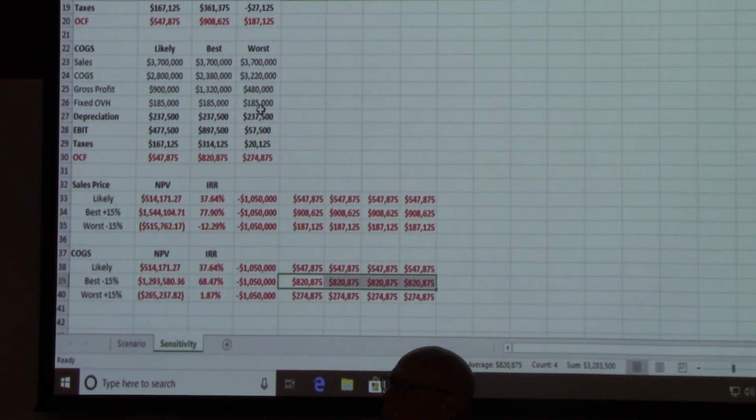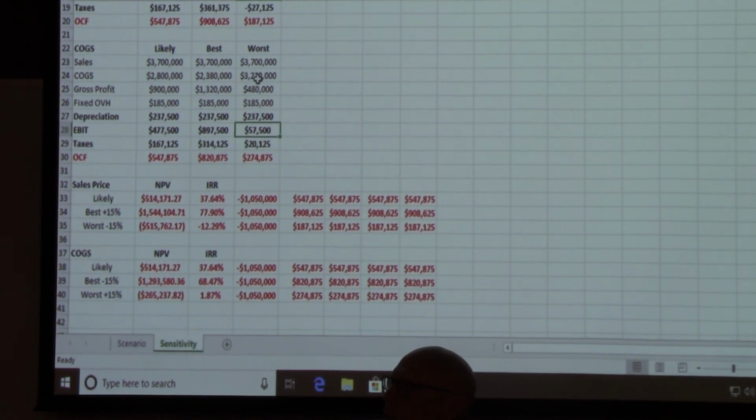Then under worst case, sales the same, cost of goods sold goes up 15%. So if cost of goods sold goes up, then our gross profit is going to go down. Okay? So sales minus our higher cost of goods sold equals our new gross profit. Fixed overhead stays the same, depreciation stays the same.